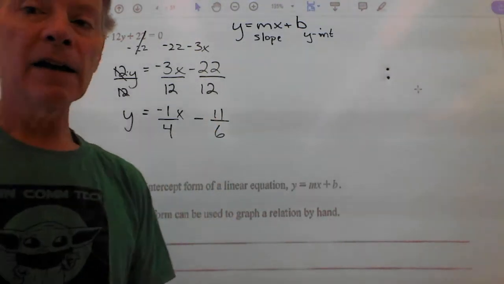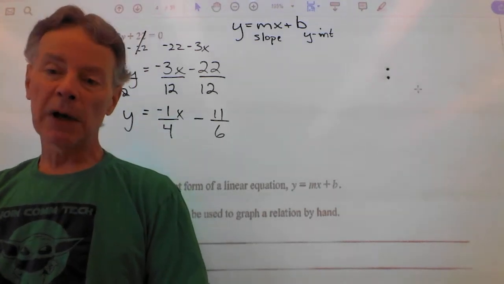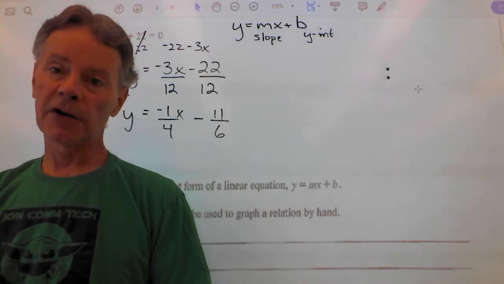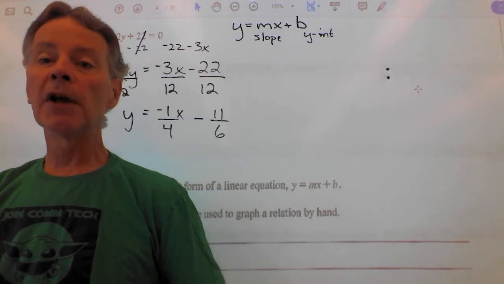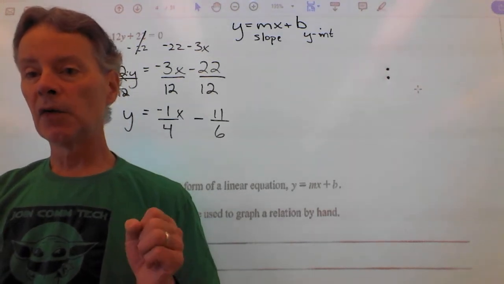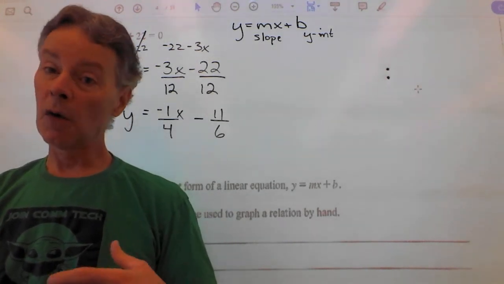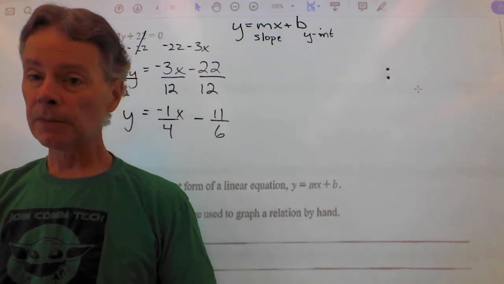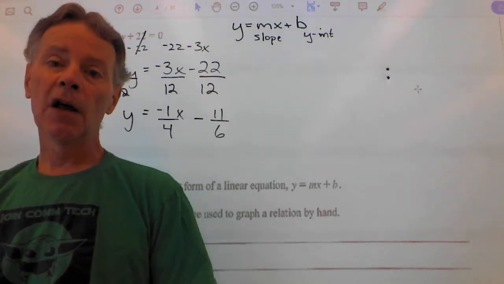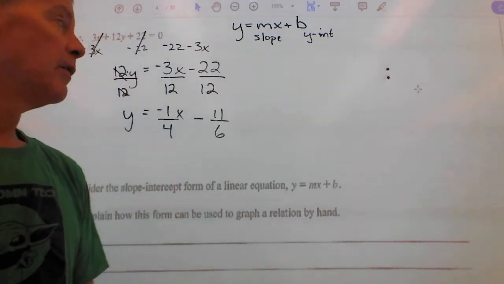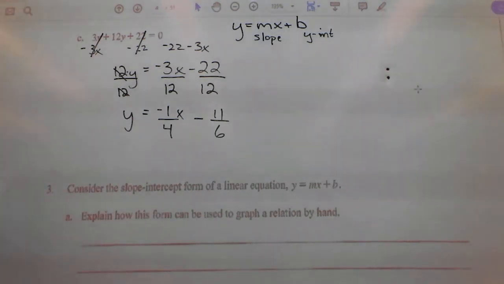Okay? Again, usually it's better to leave these things as fractions. If it simplifies to a terminating decimal, or better yet, to a whole number, go ahead and change it. But there's nothing wrong with leaving it the way you see it on the board. Okay?